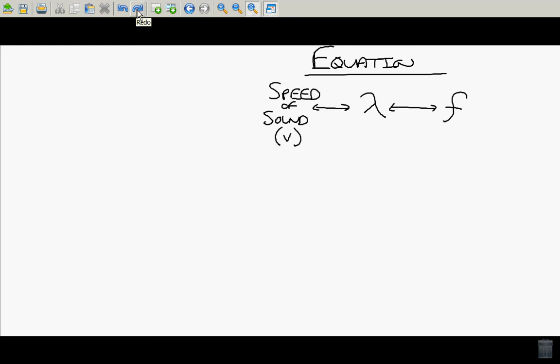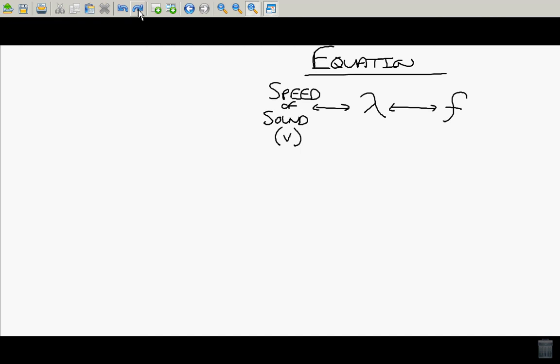So what's interesting about our equation for the link between these three concepts, speed of sound, wavelength, and frequency, is that they basically involve a velocity or a speed, a distance, which is the wavelength, and frequency, which is kind of a representation of time. How many vibrations per second are occurring.